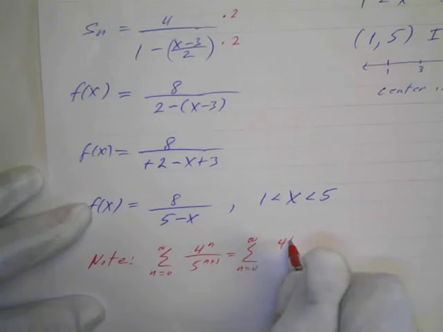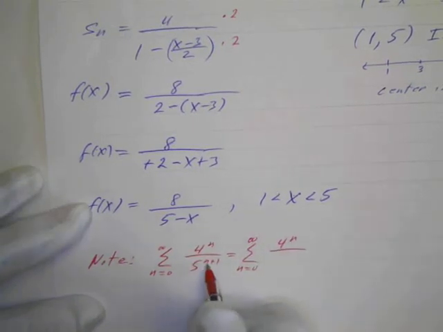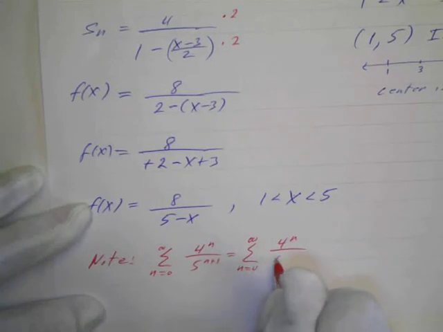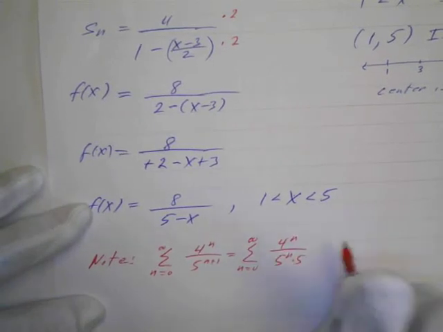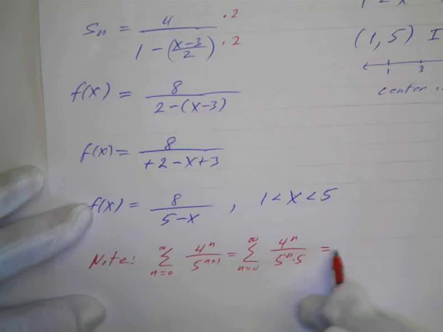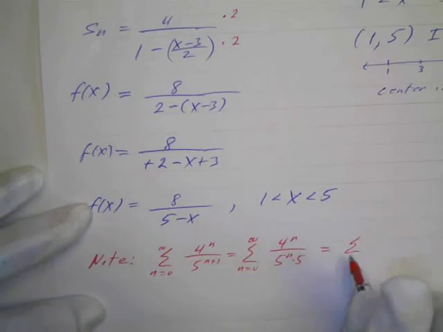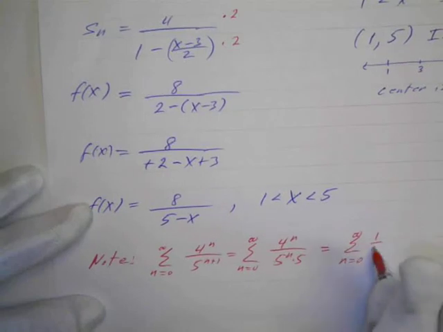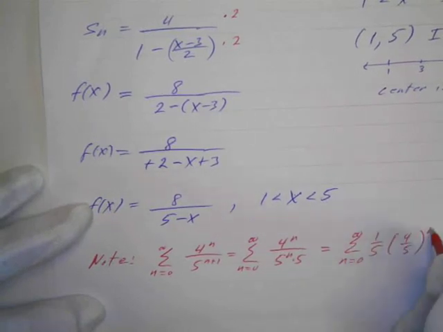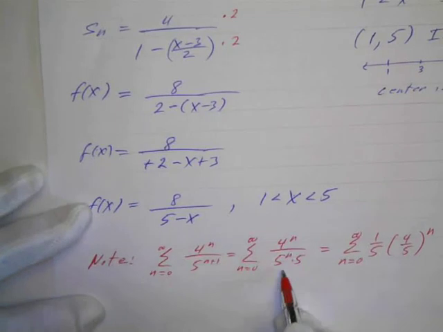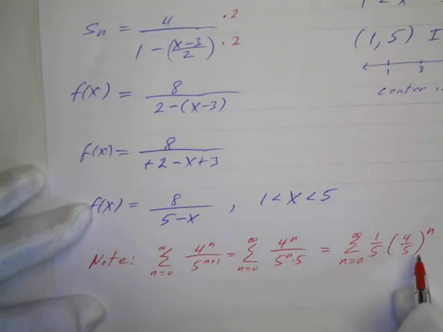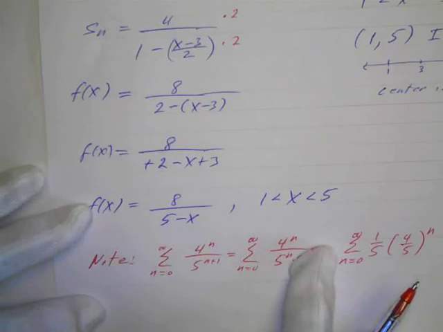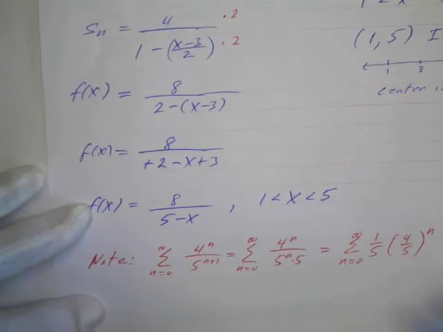We could write this as 4 to the n all over 5 to the n times 5. And I could take that 1/5 and put it in front, so that's the summation as n equals 0 to infinity of 1/5 times (4 over 5) to the n. Because 4 to the n over 5 to the n is (4 over 5) to the n, and we could put the 1/5 in front.